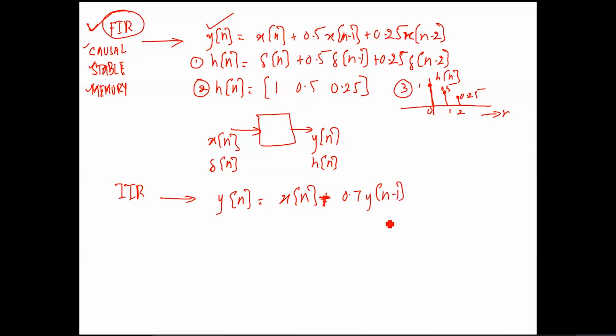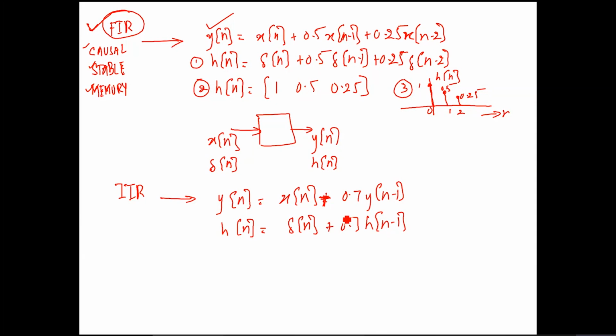This is again a difference equation. Now instead of x of n, if we replace delta n, y becomes h of n. This becomes h of n is equal to delta n plus 0.7 h of n minus 1. So we end up getting h of n minus 1 and h of n.